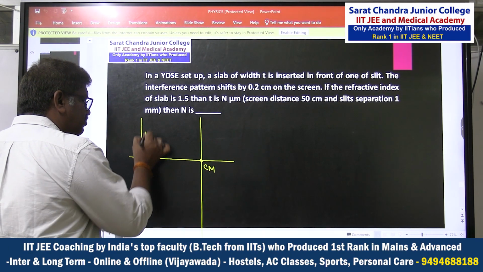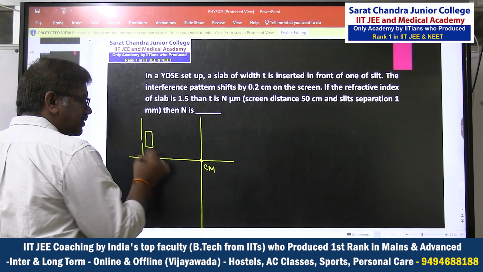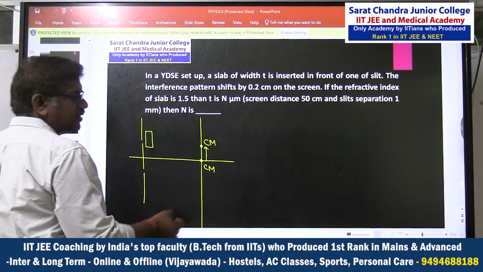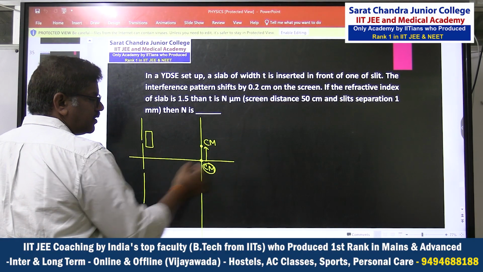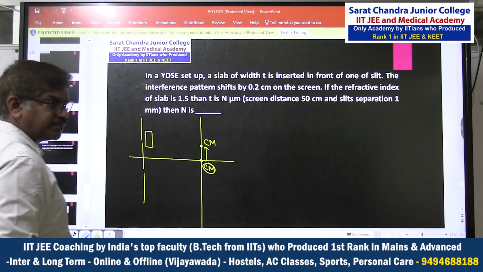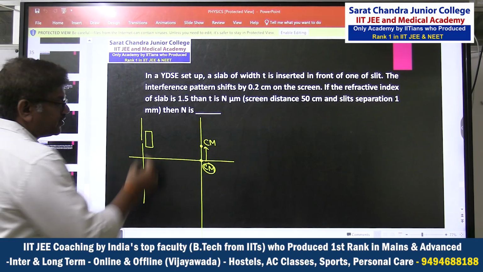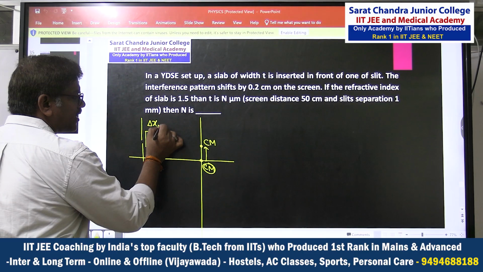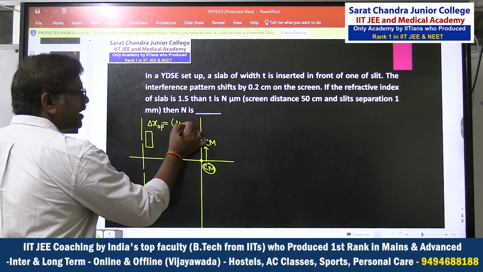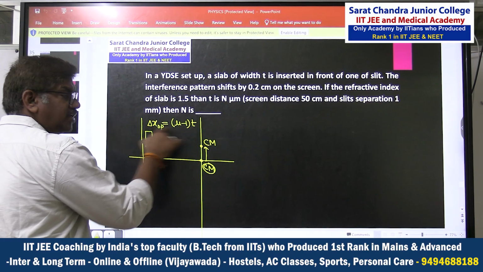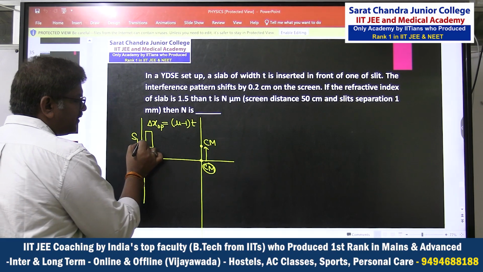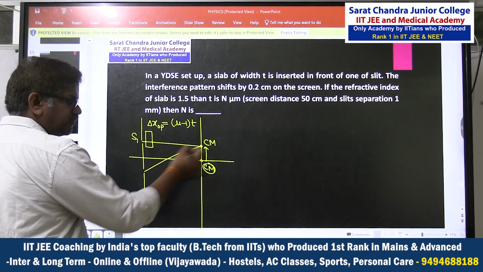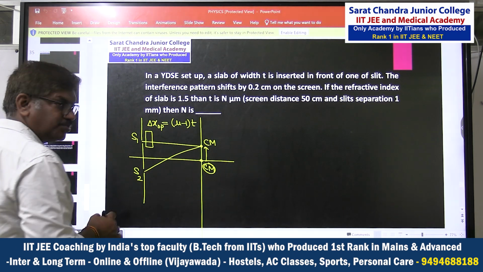But if you introduce a transparent slab, then this central maxima will be shifted towards the side of the transparent slab. The reason is this is producing an additional path difference, which is also called optical path difference. And how much is that? That is equal to mu minus 1 into t. So the additional optical path difference is associated with wave 1 for this point, which will be compensated by the geometrical path difference, which is associated with wave 2.